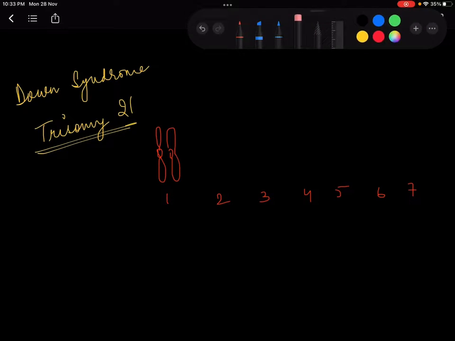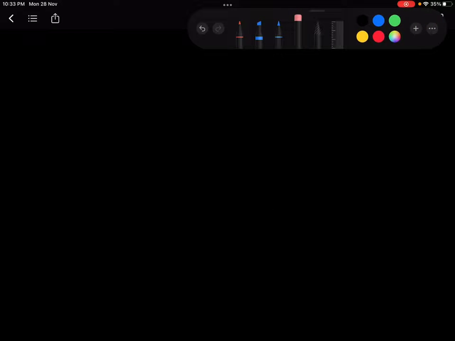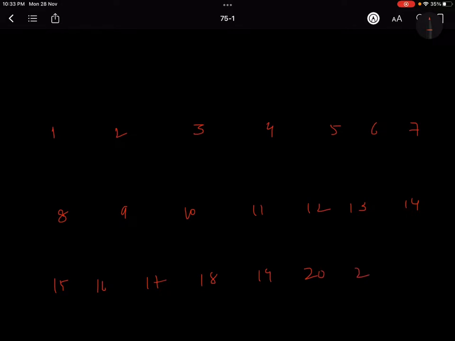Please bear with me till the time I'm just drawing it for you, because this is important. If I don't do this, you will not be able to understand the concept fully. 17, 18, 19, 20, 21, 22 and 23. Okay, so now let me start to draw them quickly.